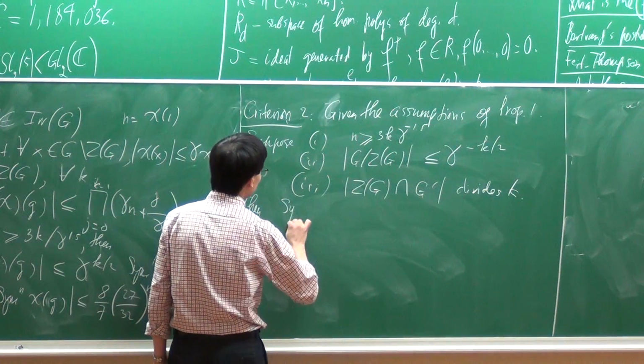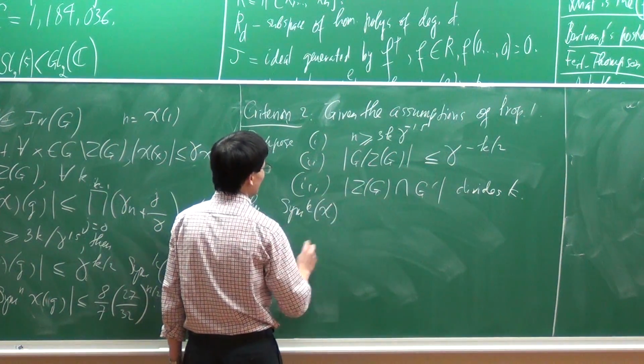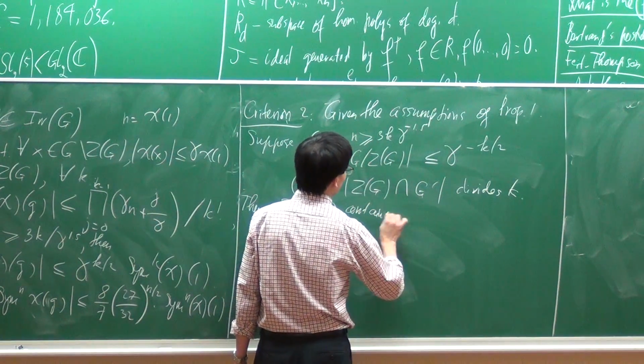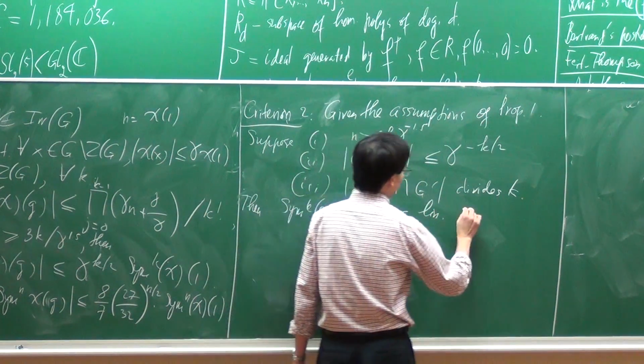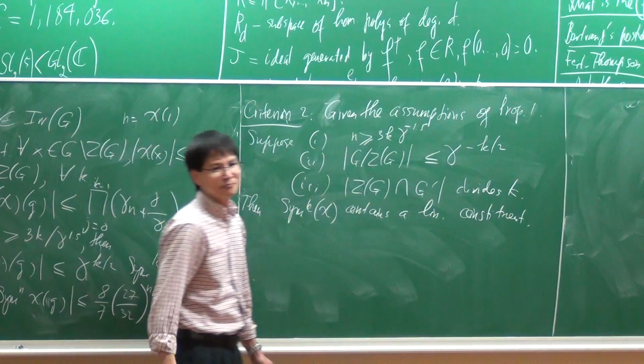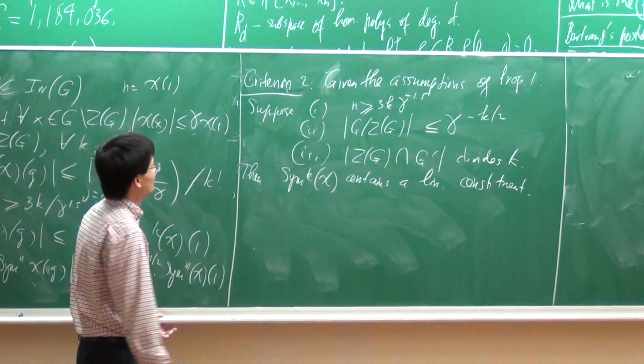So then you can show that Sym^k of chi contains a linear character. So the proof is really easy.